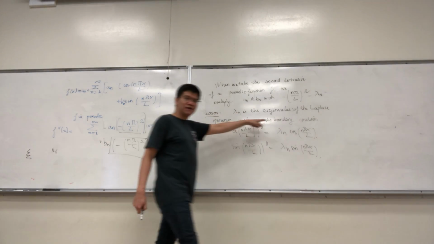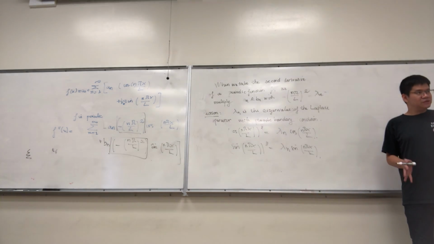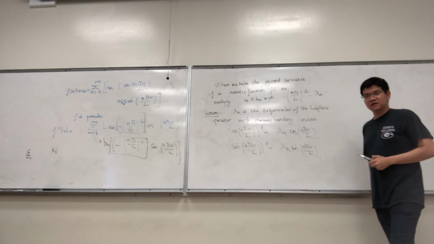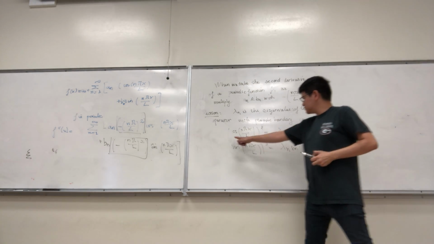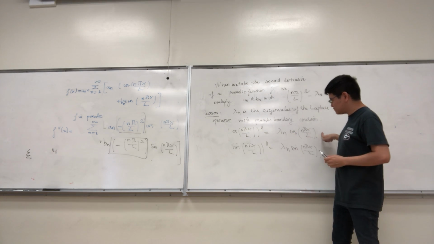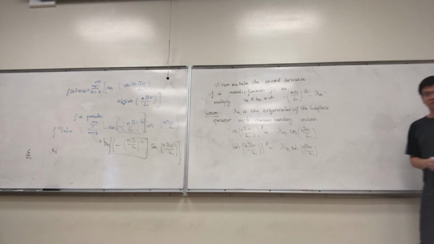This factor is called the eigenvalue of the Laplace operator with periodic boundary condition, because we are considering periodic functions. So the second derivative of cosinus n pi x over L is lambda n cosinus n pi x over L, and of sinus n pi x over L is lambda n sinus n pi x over L.